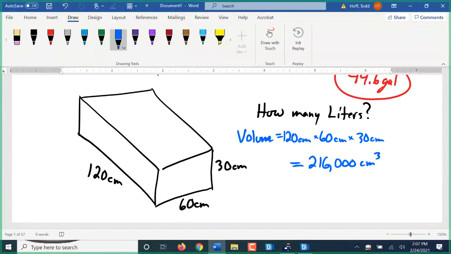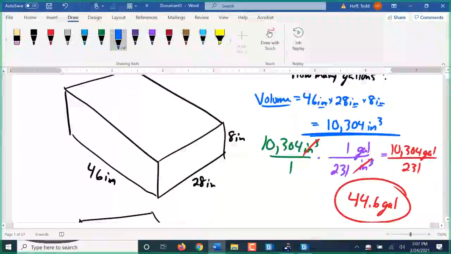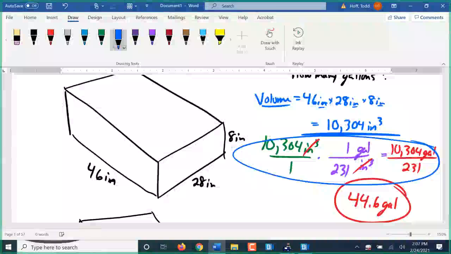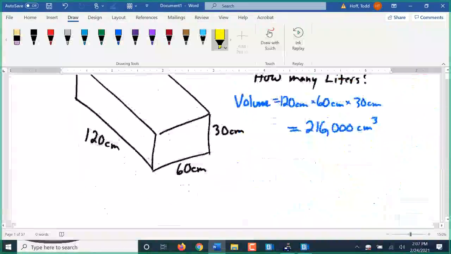Now, this is volume. Up here we found the volume, but we're looking for capacity. The gallons are a unit of capacity. Our conversion to capacity in the standard system required us to know that awkward conversion, the 231 cubic inches. Had to do a division calculation.